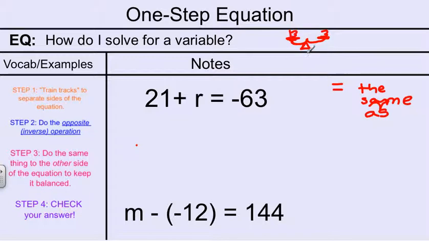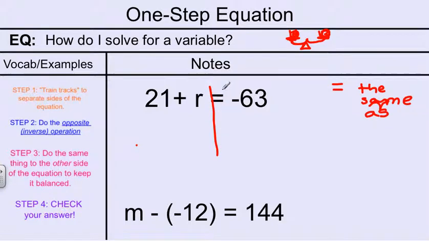If I put a 13 here, to keep this balanced, I have to put a 13 there. If I took away a 3 and it left me with a 10, then to keep it balanced, I have to take away a 3 from this side because I want the left side to be the same as the right side.